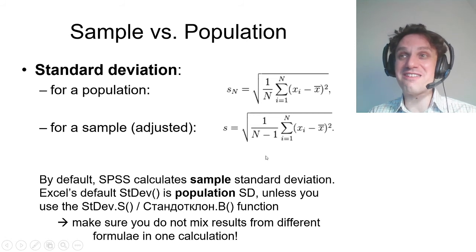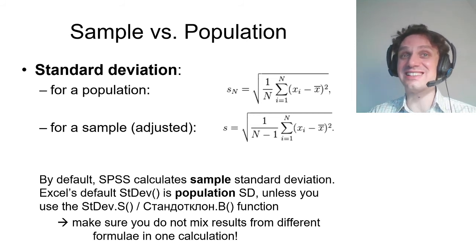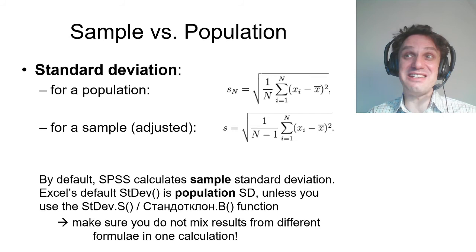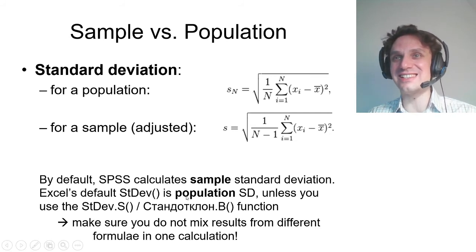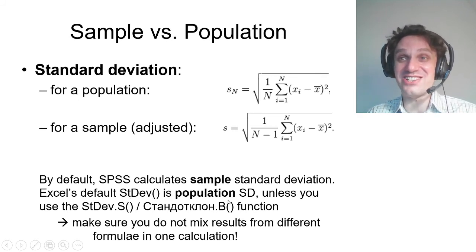But if you are comparing your standard deviations calculated in Excel and in SPSS, and if you see some difference, this difference might be because SPSS calculates sample standard deviation by default, just like other statistical packages. And in Excel, the default formula calculates population standard deviation.